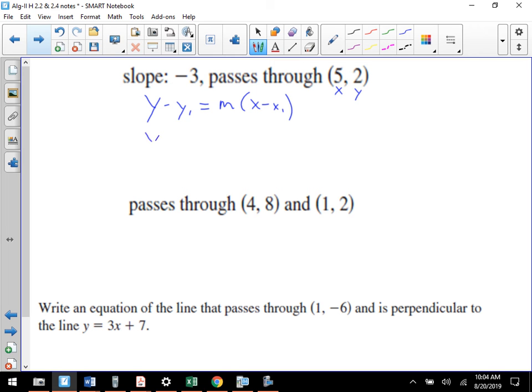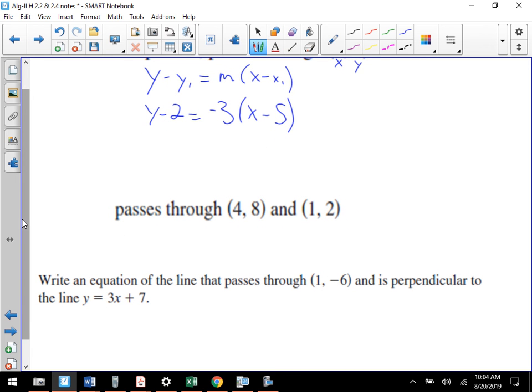Throw them in, you got y minus 2 is your slope times x minus 5. Do some math here, you get y minus 2 is negative 3x plus 15. Add 2, you get plus 17. You get that.